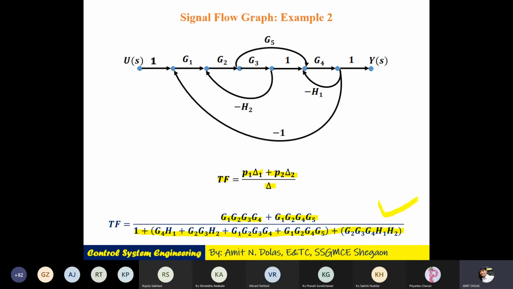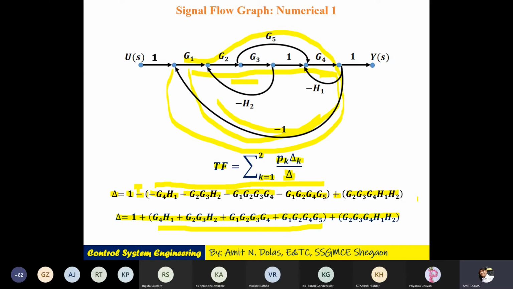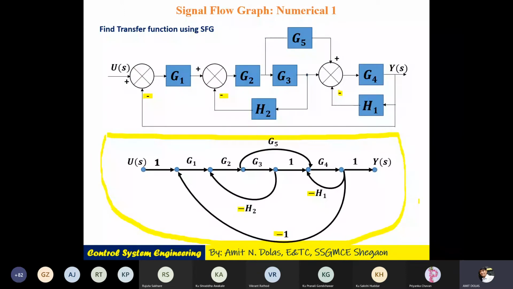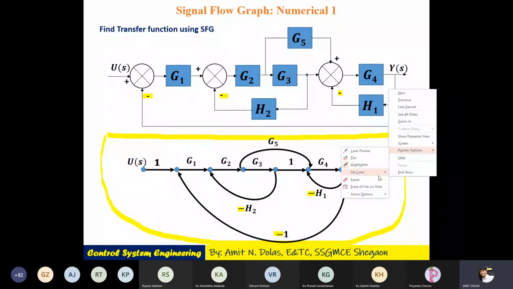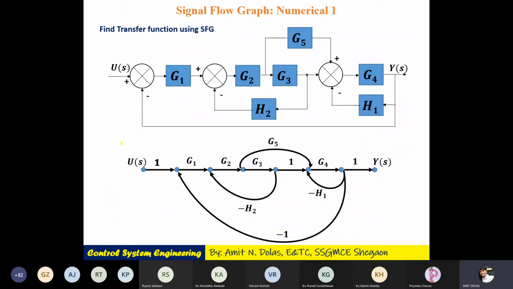So this is the final transfer function. If you go by the block diagram reduction technique, you'll get a similar value of transfer function there also. And for the sake of understanding, I repeated the diagram everywhere. You can see what I did. I'd like to mention one thing. From this block diagram, I obtained the signal flow.